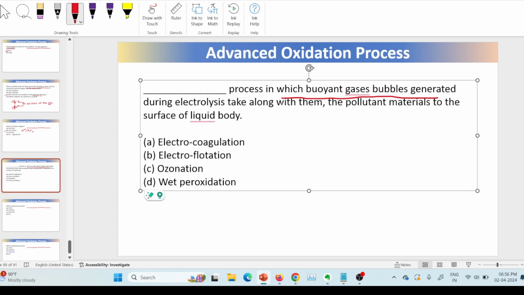So what is this process? This process is flotation. The gases will take the pollutant along with them. So this is electroflotation.